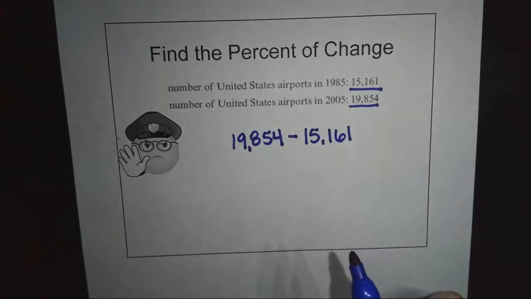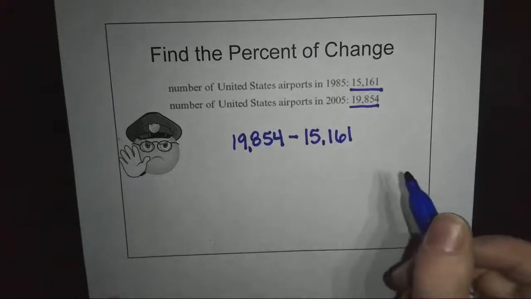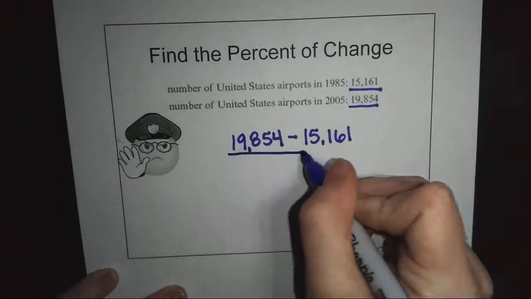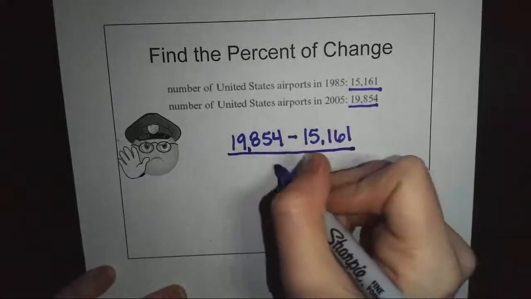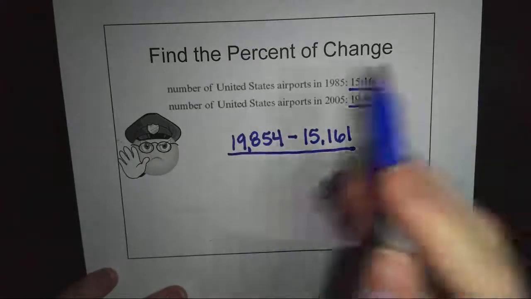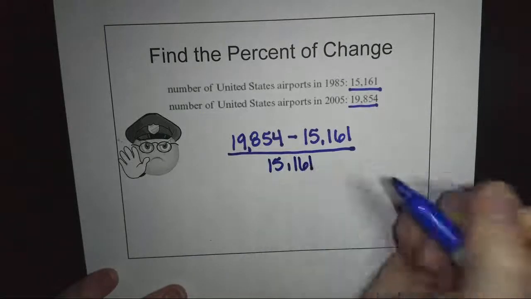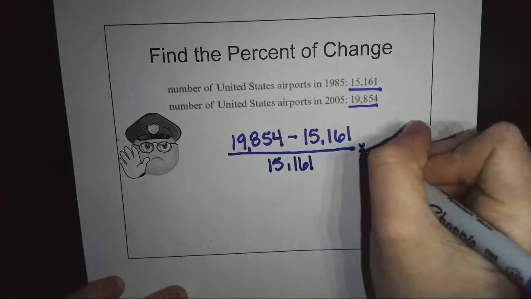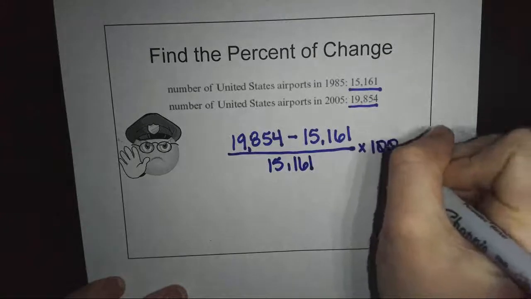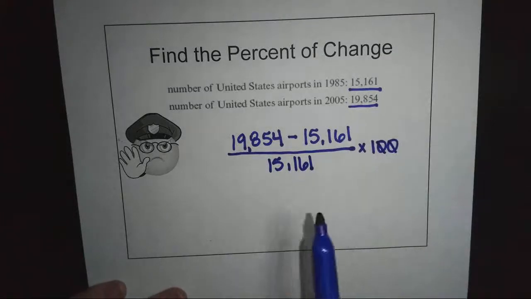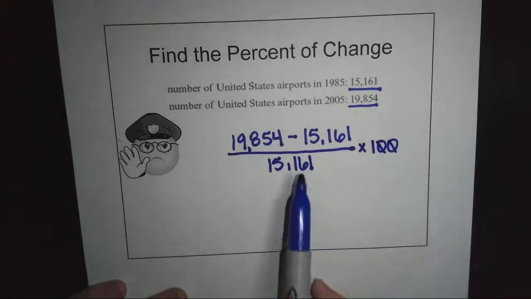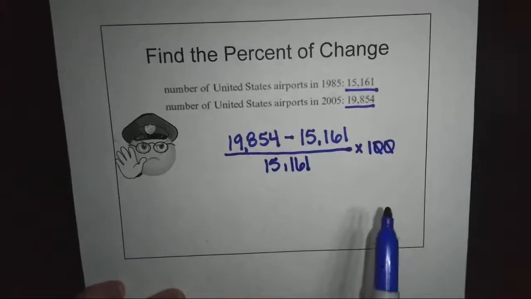Now, I'm subtracting these two numbers, and that will give me the difference. But I also need to divide that difference by the original, or earlier amount, which in this case was 15,161. And then when I'm finished with that, I'm going to have to multiply it by 100. Notice we've got our formula right here: the difference in the two numbers divided by the original, times 100.